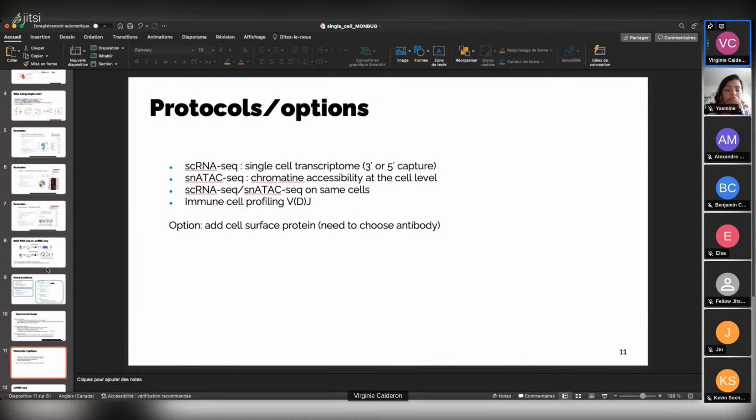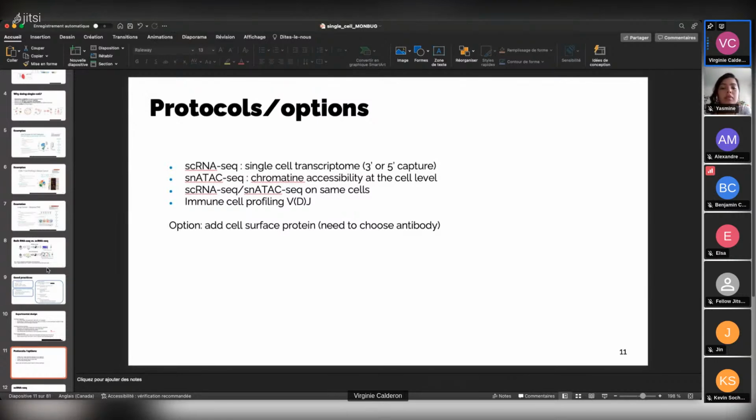Another option is to add cell surface protein capture. So if the biologist can choose an antibody that is specific to a population, you can add a layer over the expression to be able to say, okay, this cell population has this type of protein at the surface, so it's this type of lymphocyte, for example.